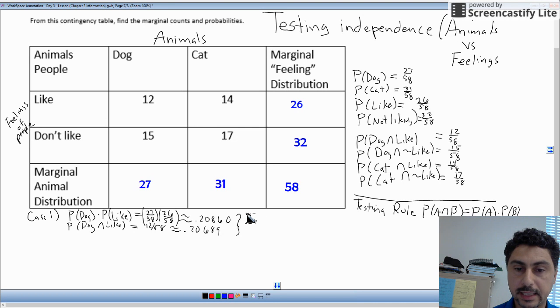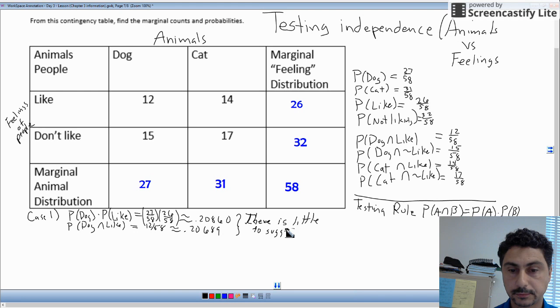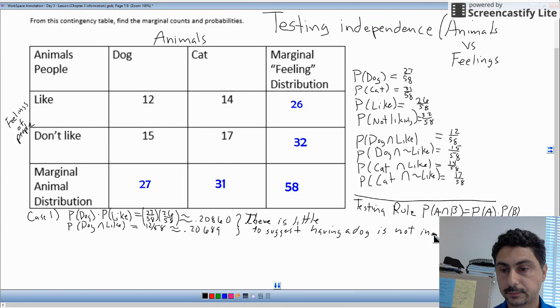Okay, so I'm going to write out the statement that I want to write. There is little evidence to suggest having a dog is not independent of liking animals.